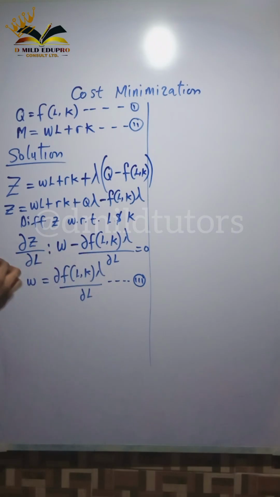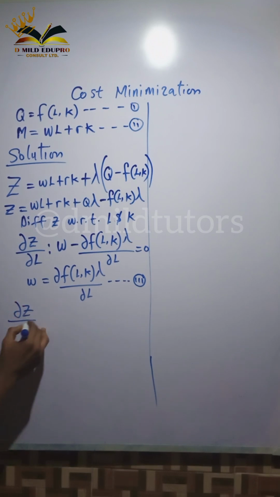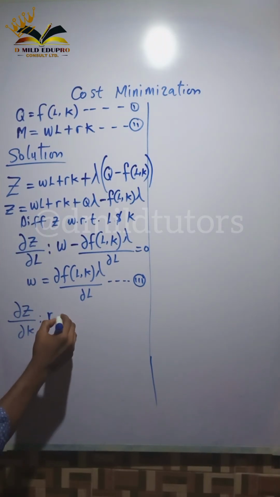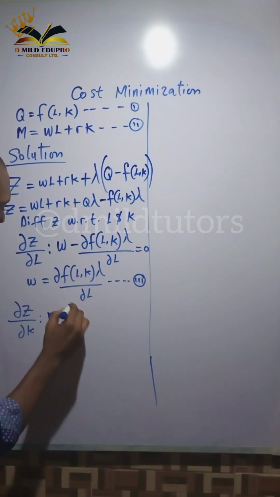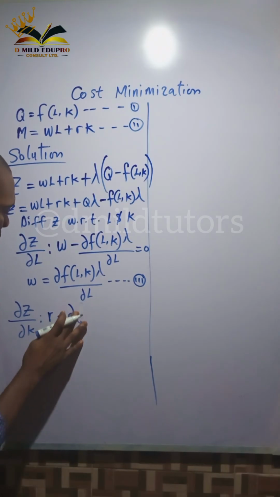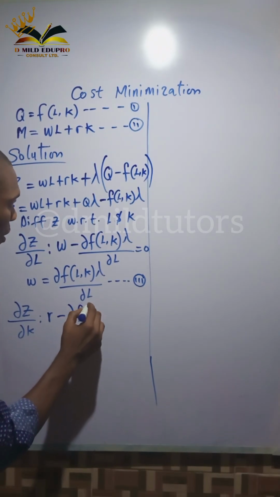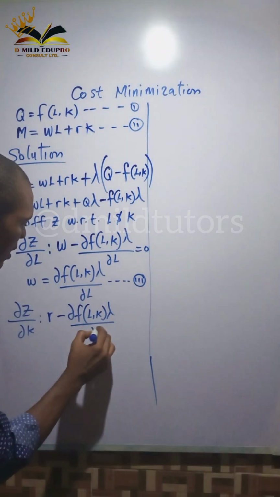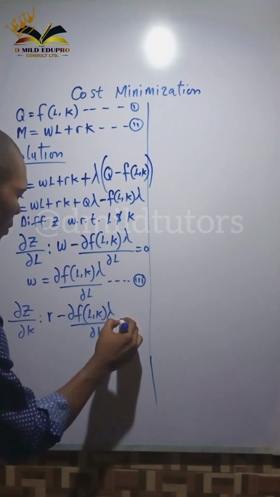Now we have to find the derivative of Z with respect to K. This is 0 automatically, so we have R, then this is 0 too, then minus the derivative of F of L, K, lambda, divided by capital, equal to 0.